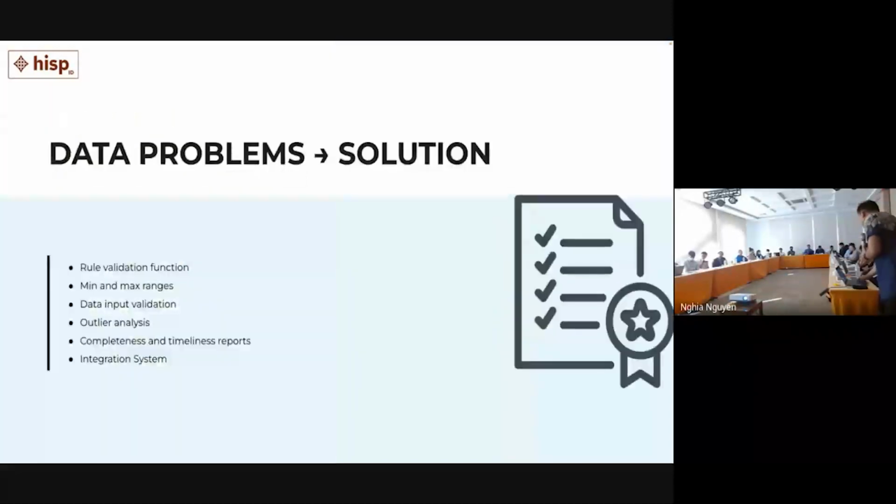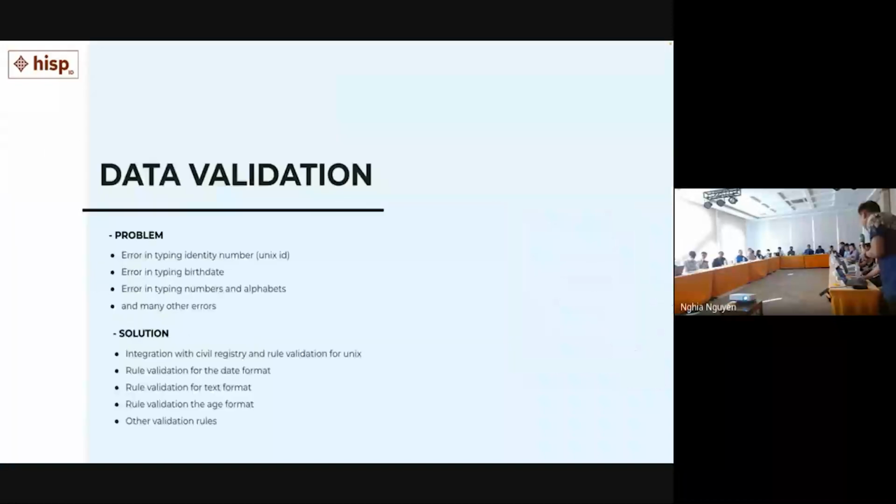Okay, what our solution is, I think the first is data validation. We use this one. For the solution for unique identity, we integrate with the other ministry, what do we call it, Dukcapil? Yes, the civil registry.